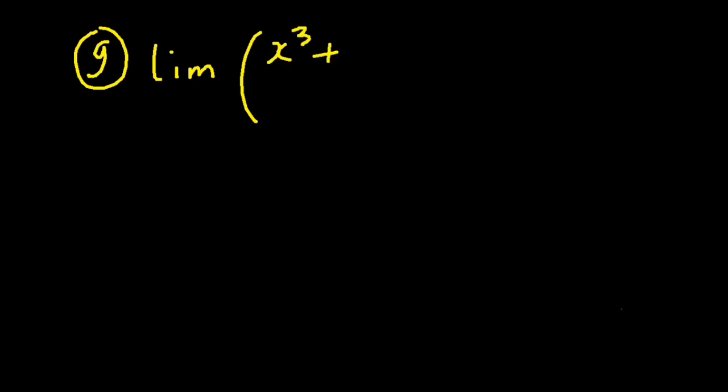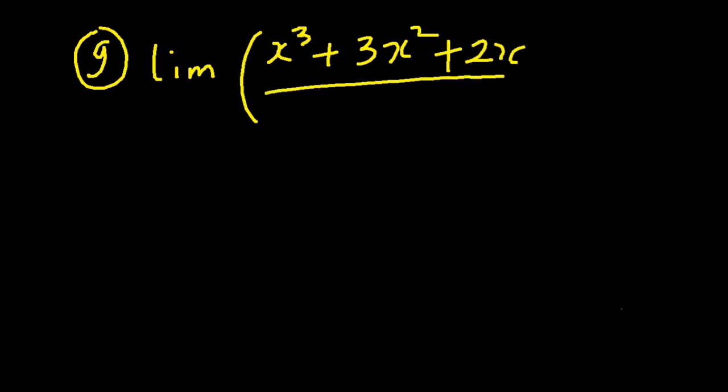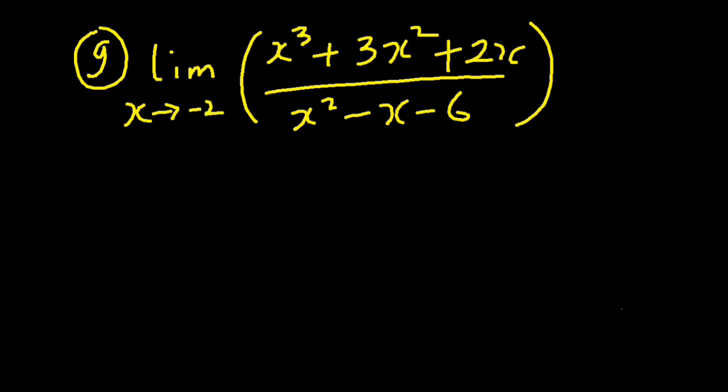Now, one more example. Example G. You have limits of x raised to power 3 plus 3 raised to power 2 plus 2x all over x raised to power 2 minus x minus 6 when x tends to minus 2. In this expression, there is two things there.